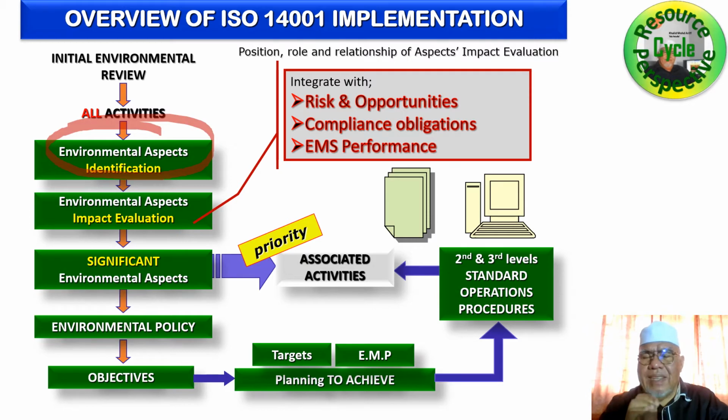Now, what are environmental aspects? Based on the ISO, the International Organization for Standardization, environmental aspects are elements of our organizational processes, activities, and products that interact or can interact with the environment, thereby causing their respective environmental impact.